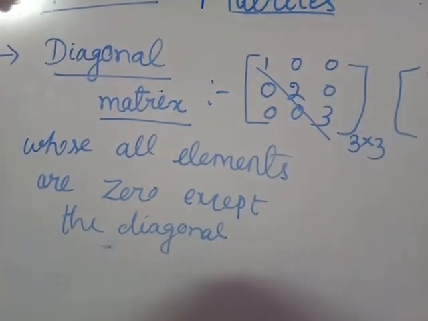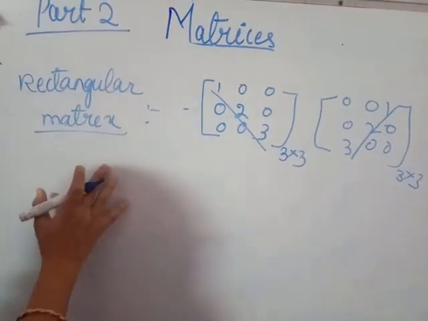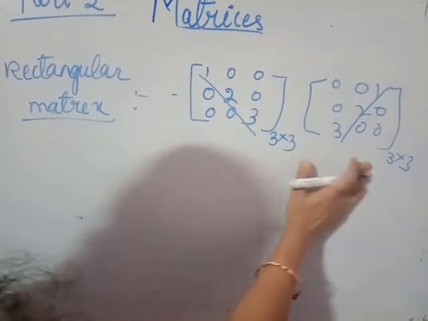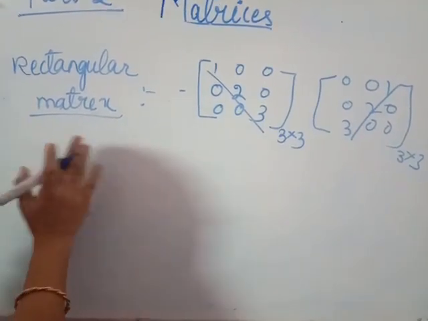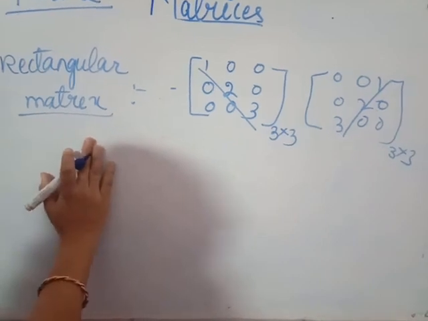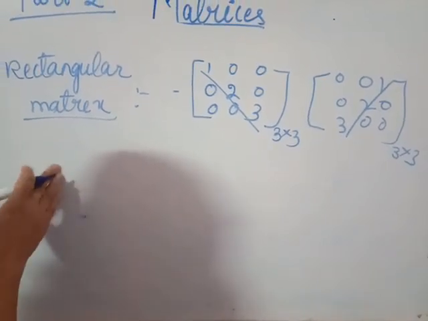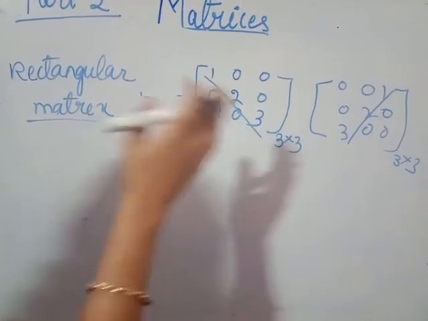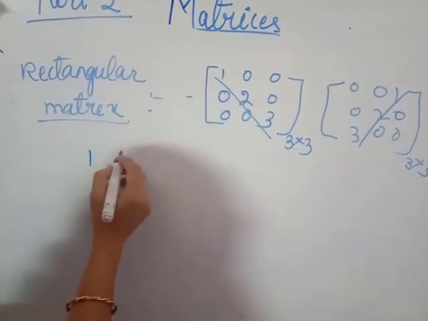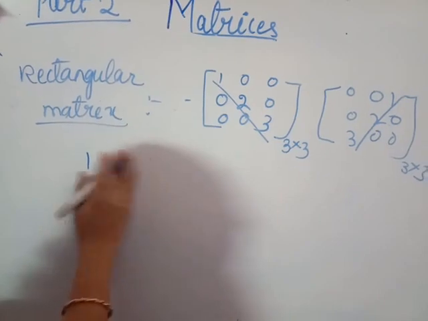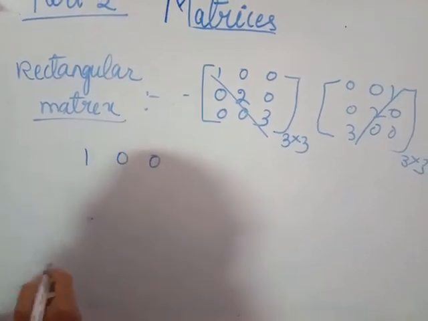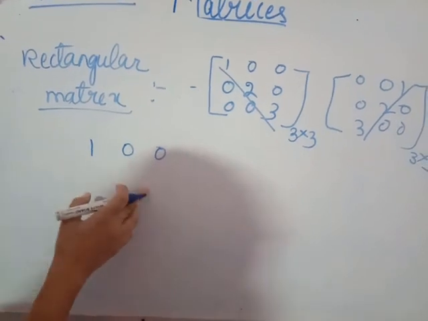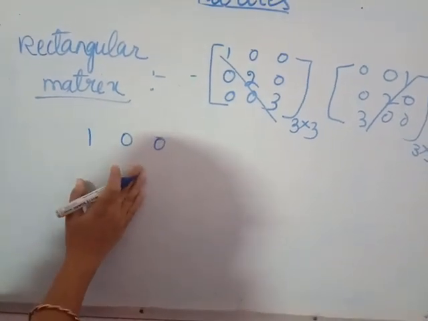Now go to the next type of matrix. Children, here I have done both types, 3 into 3 and 3 into 3. But if you take the rectangular form, for example 1, 0, 0, I have to write in the middle, but here I cannot get a middle in a rectangle.